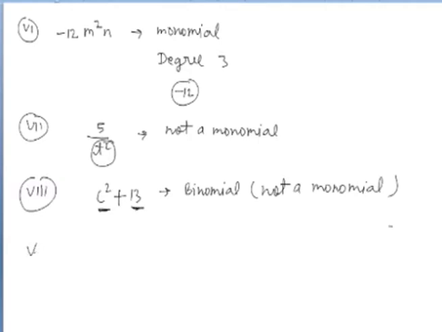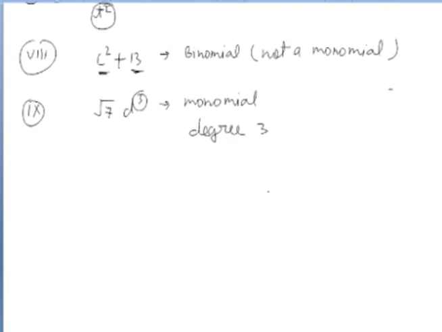And question number 9, root 7 d cube. So this is a monomial, and degree is 3. Okay, and the last one is question number 10th, minus 2 by 3 x square y to the power 5.